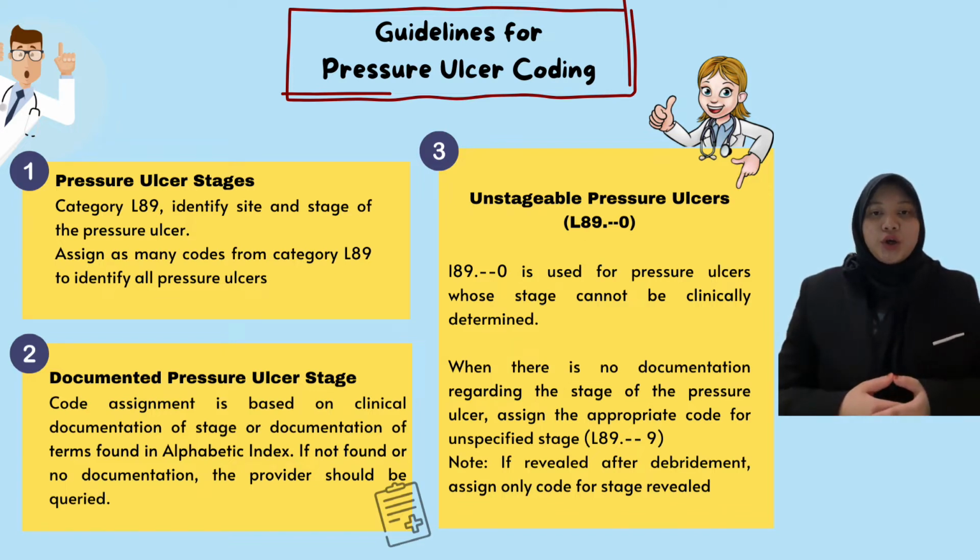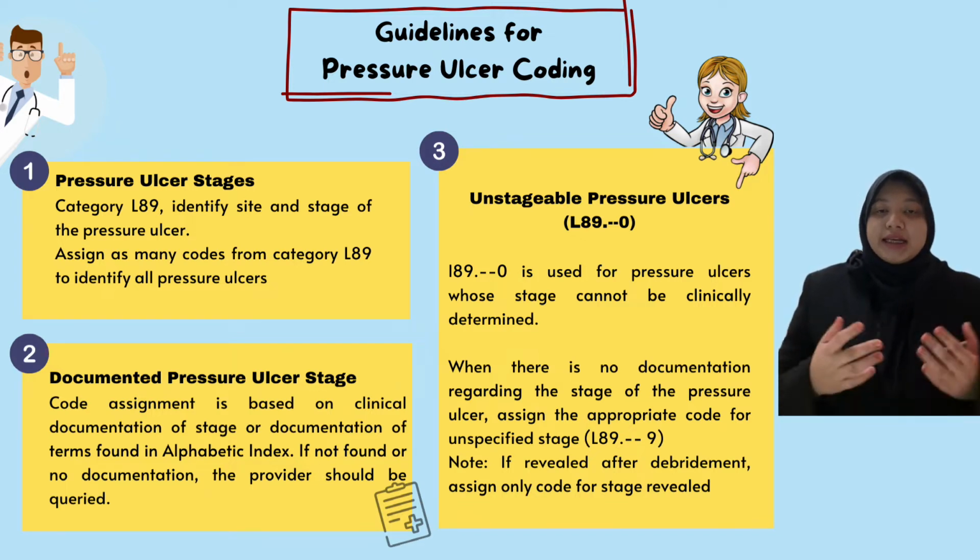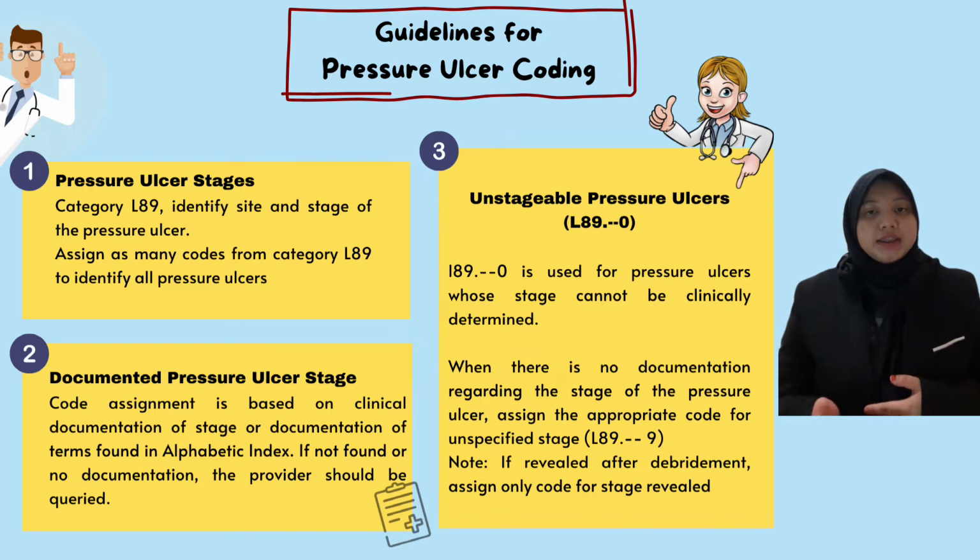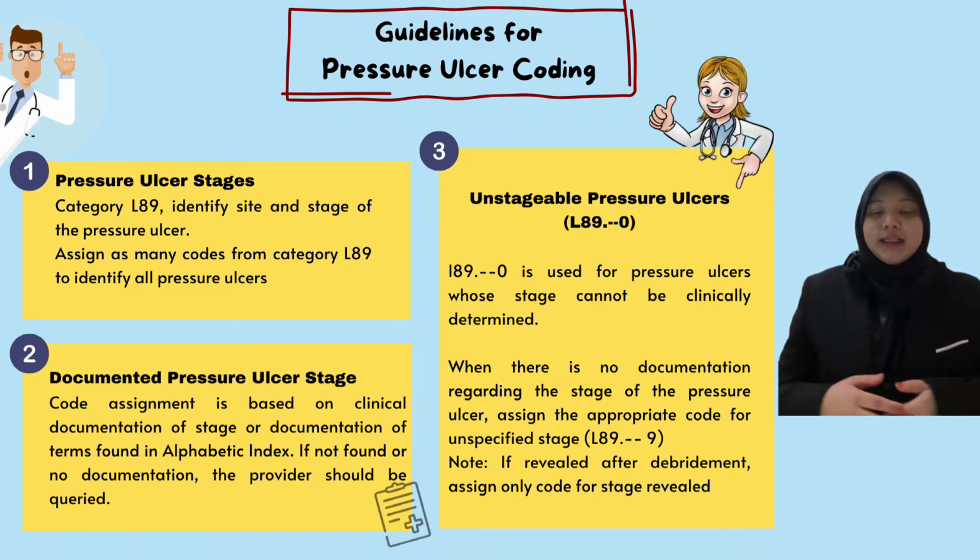This code should not be confused with the codes for unspecified stage, L89.9. When there is no documentation regarding the stage of the pressure ulcer, assign the appropriate code for unspecified stage, L89.9. If during an encounter the stage of an unstageable pressure ulcer is revealed after debridement, assign only the code for the stage revealed following debridement.